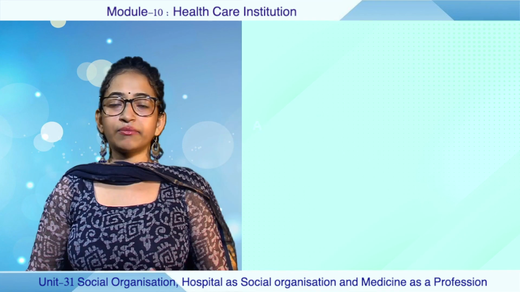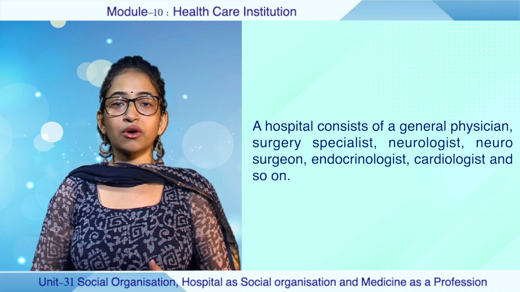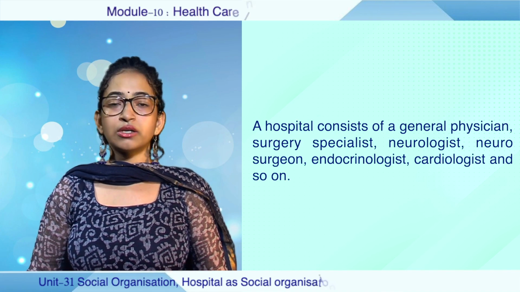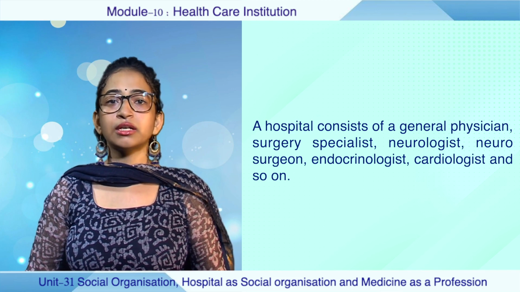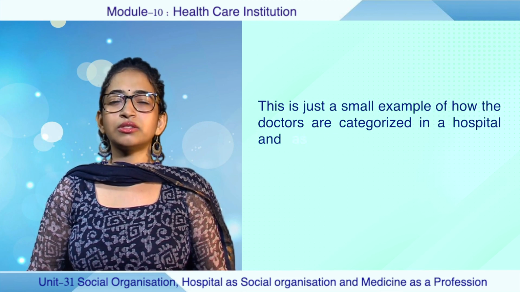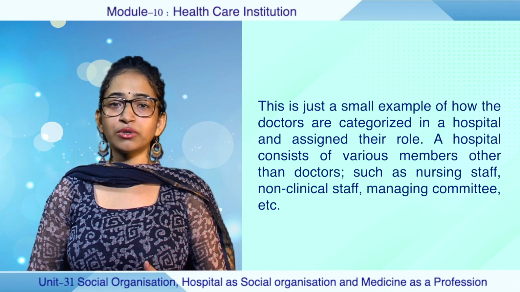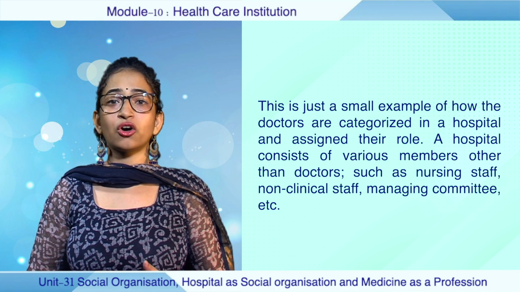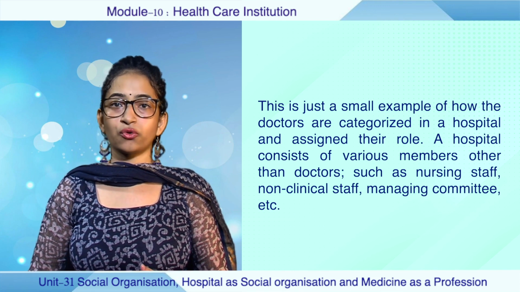For instance, we can say that a hospital consists of a general physician, surgery specialist, neurologist, neurosurgeon, endocrinologist, and so on. This is just a small example of how the doctors are categorized in a hospital and are assigned their role.